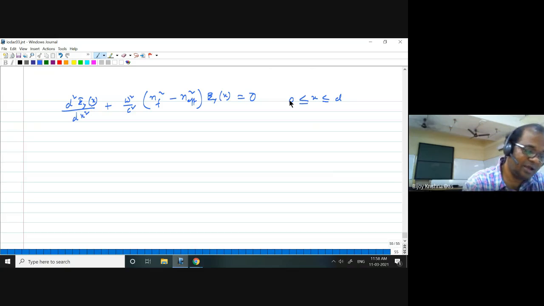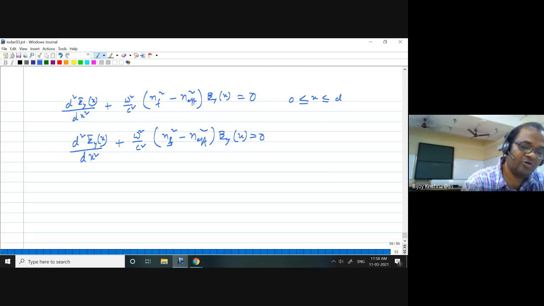So similarly, I can write the same equation. Correct me if I am doing something wrong. Omega square by c square, I can write (ns square minus n effective square) EYX, that is true for x less than 0.